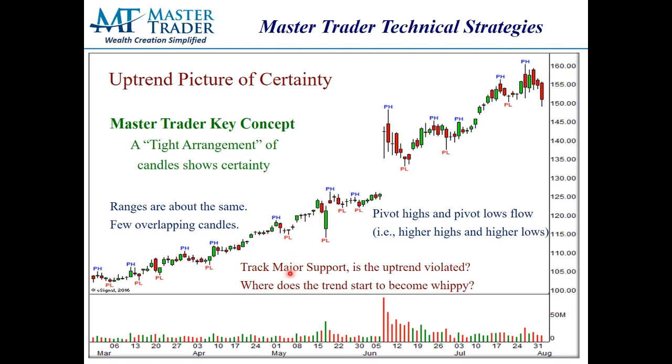So we want to track that major support in an uptrend and see if it's violated, or where the trend becomes whippy or not. So here, as prices continued to move up, and they pulled back, and as they started to trend higher again, we can see here, and we can see over here, it's getting kind of whippy, and the ranges are expanding, and there's a lot of overlap between the candles, and tails are starting to form.